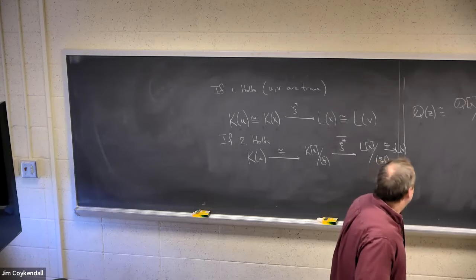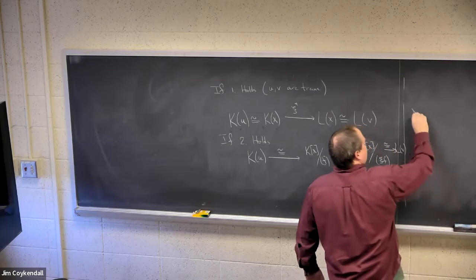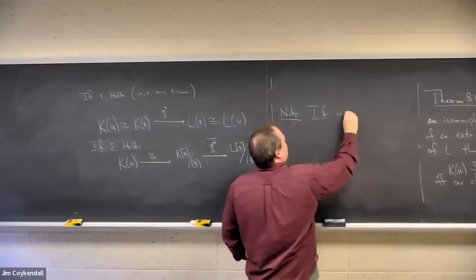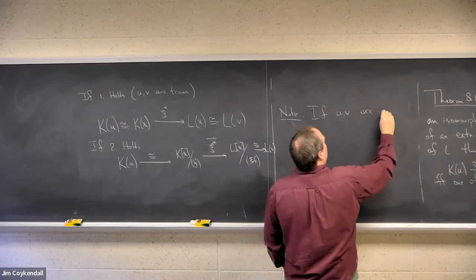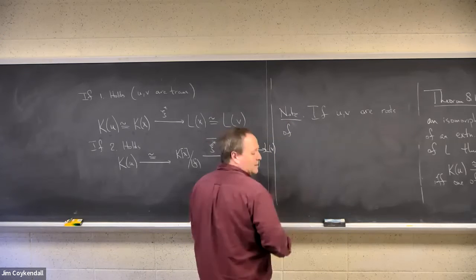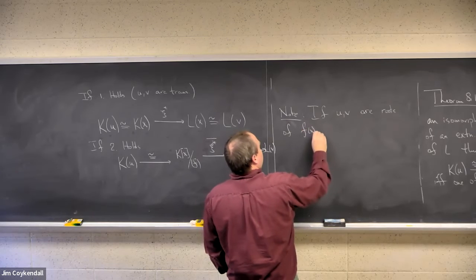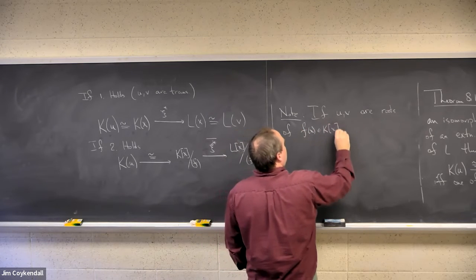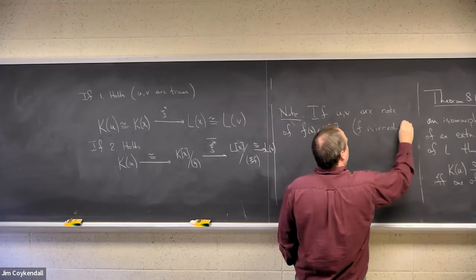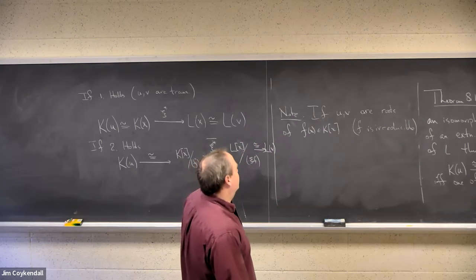Okay. And again, it's worth noting here that u and v are roots of f(x). I'm assuming that f is irreducible. If you don't make this assumption, this is not true, and it's easy to make contradictions here.